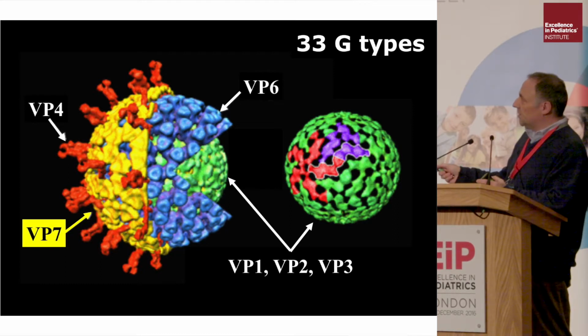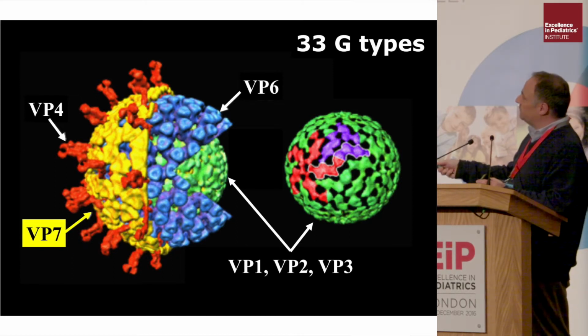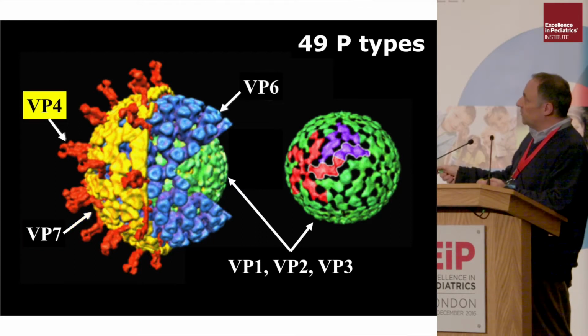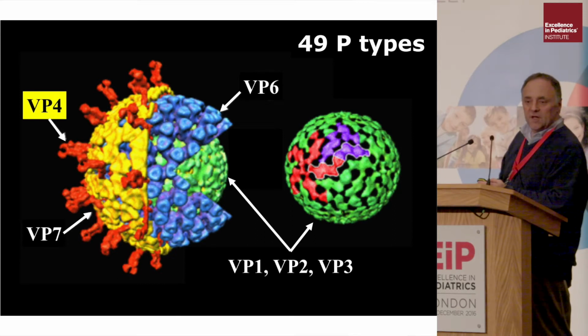And then the spokes of the rotaviruses are the VP4, and they are probably the most interacting with the immune system. The VP7 allows the discrimination of rotaviruses into 33 G types at the moment. The VP4 allows the discrimination of, at this moment, 49 different P types.